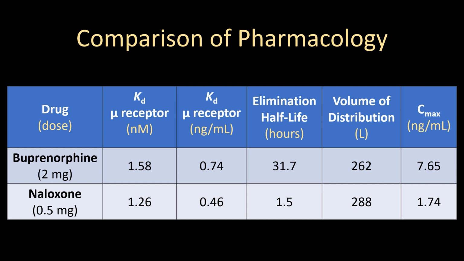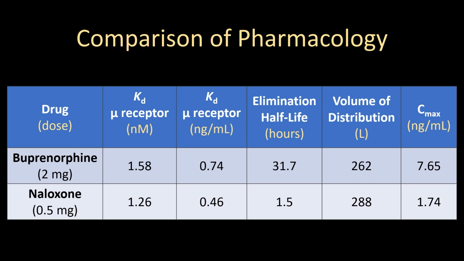The other fact that I wanted to point out here is that buprenorphine's half-life exceeds 30 hours, whereas naloxone is about 1.5 hours. Half-life, by the way, is the time it takes for the blood concentration to decrease by 50%. So naloxone leaves the blood much, much faster than buprenorphine.